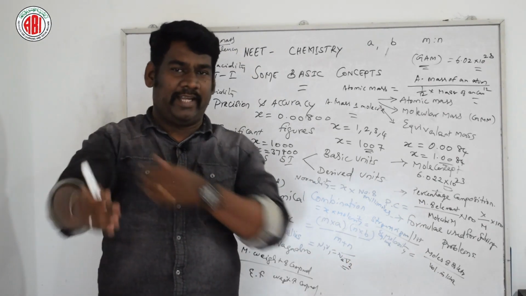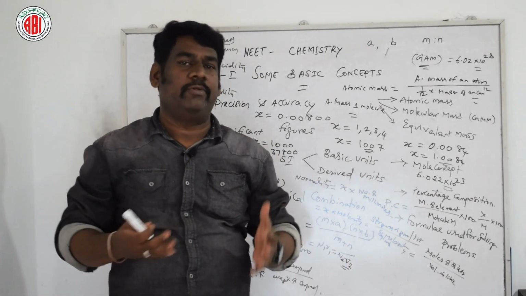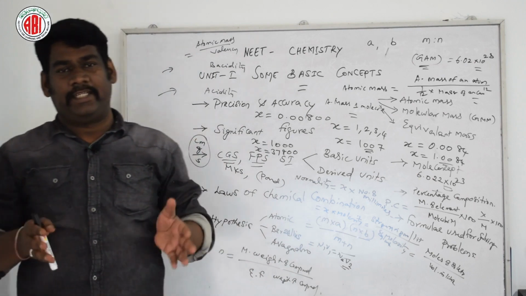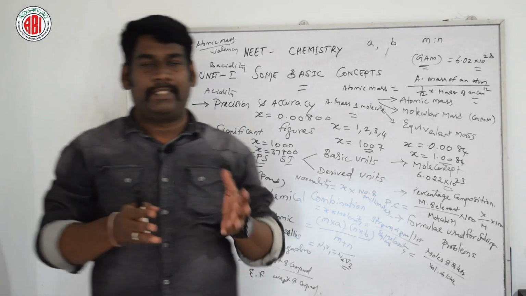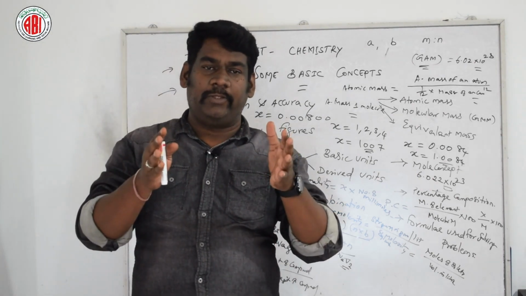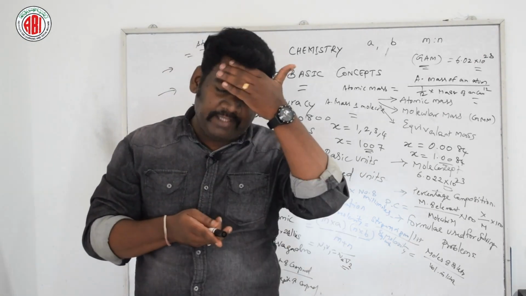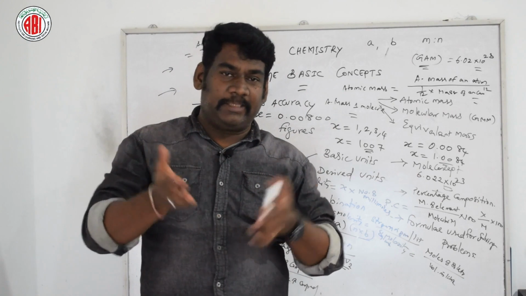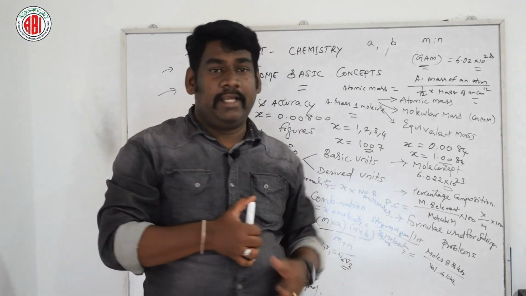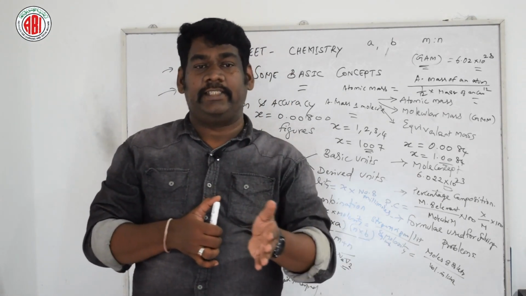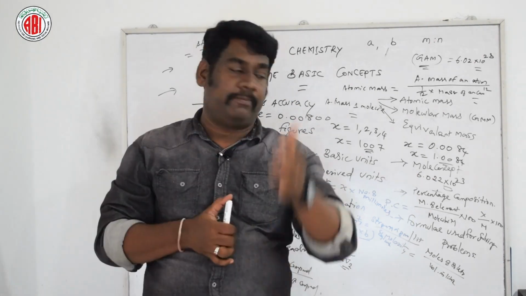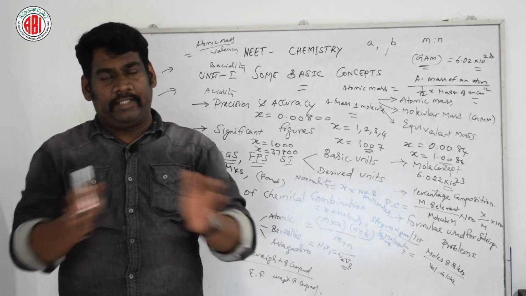Here, once again I want to recall a few formulae, like mass percentage or weight percentage. Mass percent is equal to mass of the solute by mass of the solution into 100, given in mass percent. Based on this percentage composition, again weight by weight percentage, volume by volume percentage, and mass by volume percentage. Here there is no change.